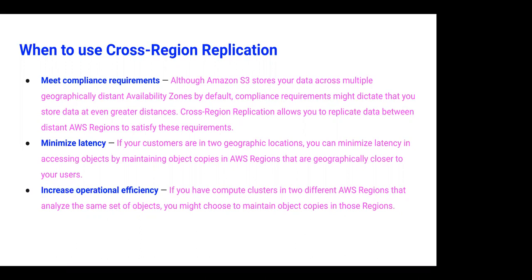We store it in one region, but it creates replicas of that object. We don't know where exactly it is storing, but we know that whatever we store, it is going to store in more than 3 availability zones, right? But there was one special storage class, remember, wherein there was just one availability zone where your object would get stored by default.